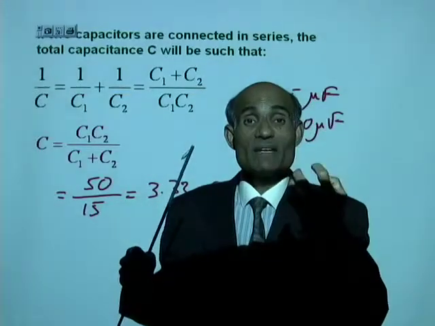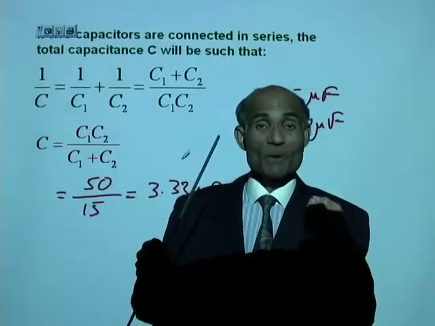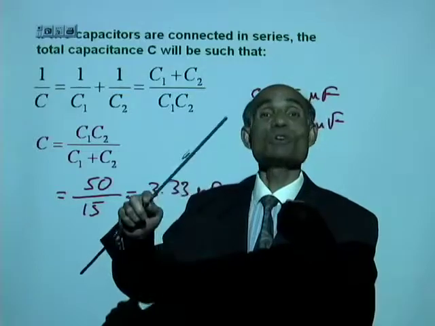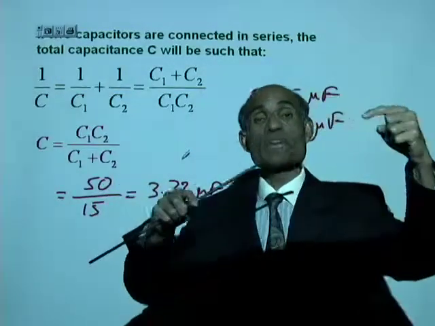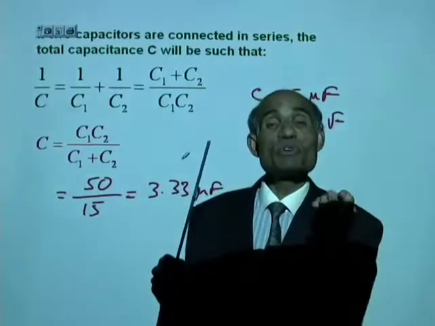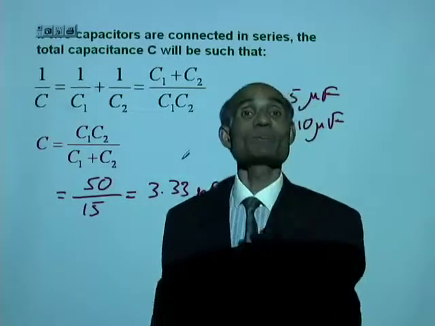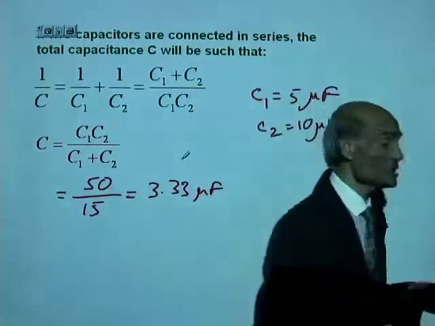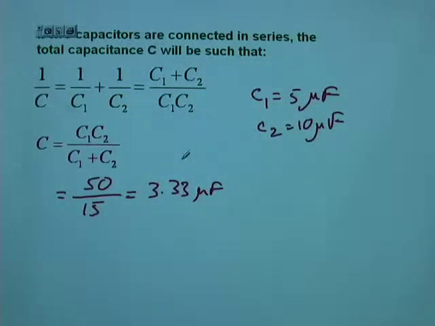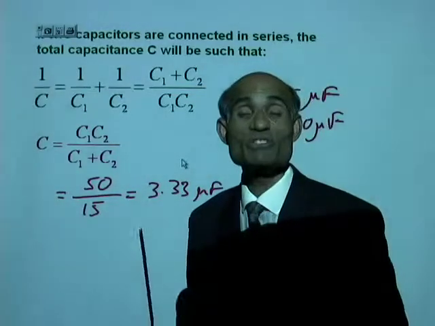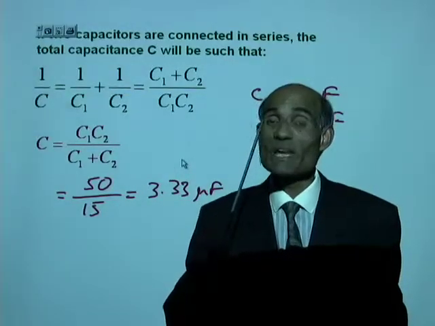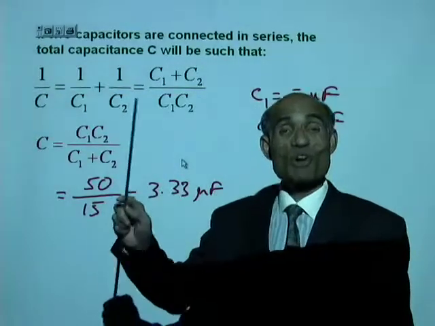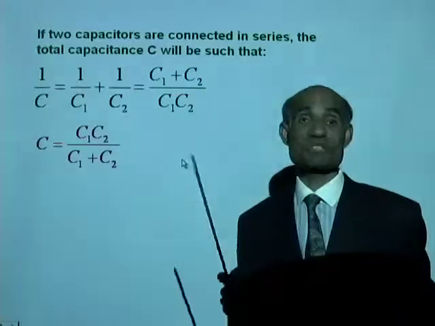You can obtain the desired value by connecting 2 or 3 or 4 high value capacitors in series to give you your desired value of the capacitance. So that is the idea of connecting capacitors in series. When capacitors are connected in series, the total value of the capacitance will be less than the smallest of the capacitors used in the circuit.